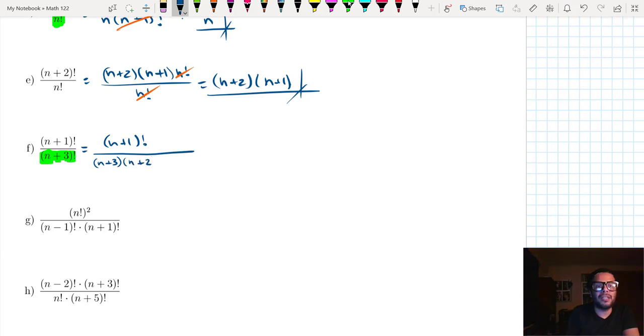Subtract 1 every time you develop a new factor. And then n plus 1. I'm not going to write n minus 1, n minus 2, and so on, because this is exactly coincident with the one we have in the numerator. Okay, and no more factorials involved. So we are going to be left with n plus 3 times n plus 2, everything under 1.